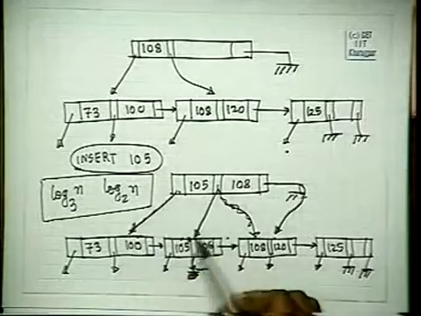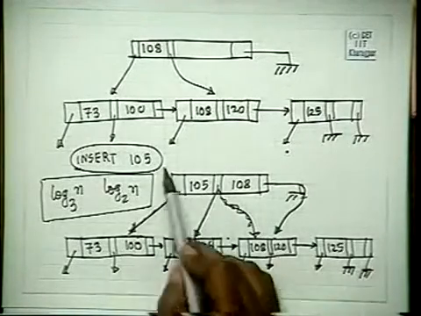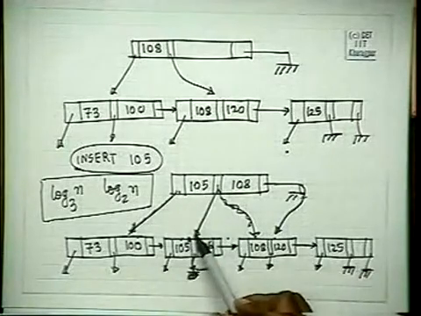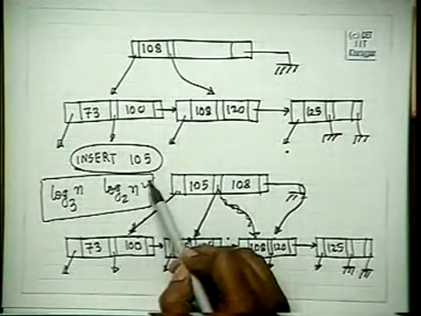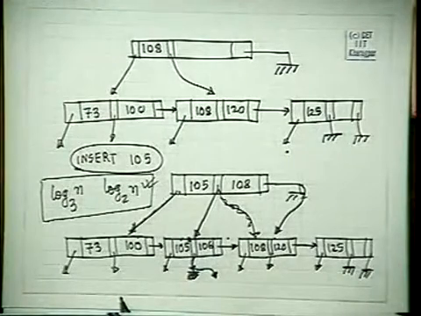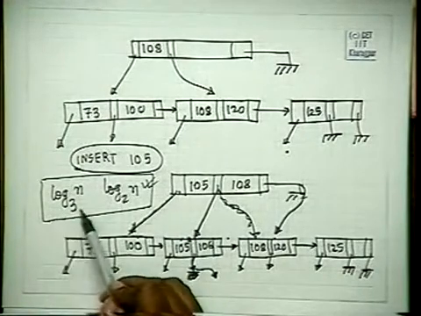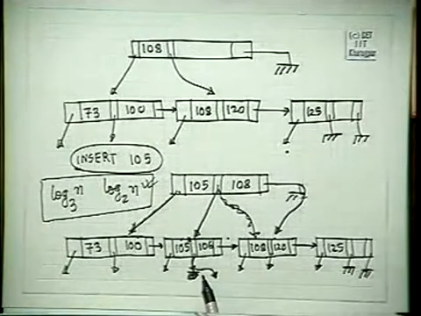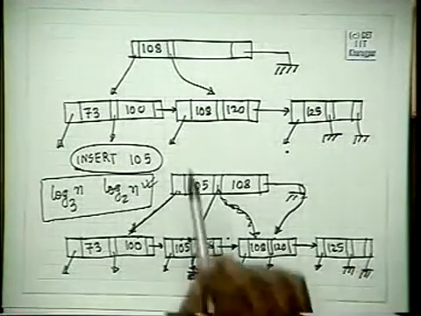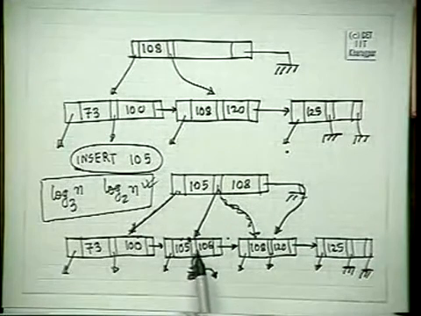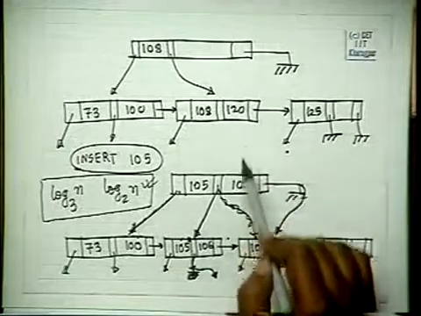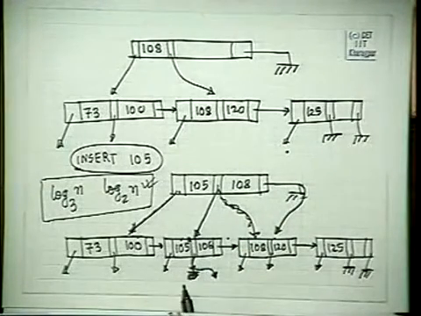Since any such node will have at least 2 pointers, the height cannot be more than log 2n. Obviously, it will never be less than log 3n because we cannot have more than 3 pointers. And therefore, the time of search can never be skewed and become order n. The indexing, the tree will always be balanced.